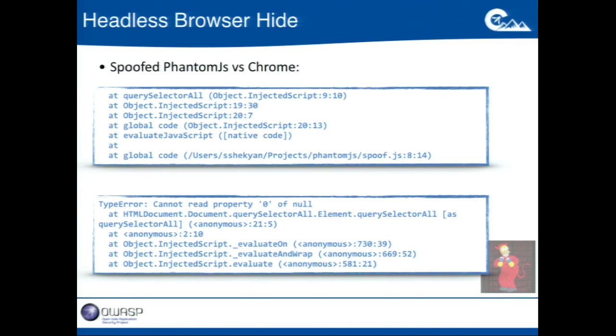Inside Chrome, if you use DevTools, the injected script will show up in the stack trace if you're initiating a function from the developer tools. So we added that part, and it still looks really different from the original one.